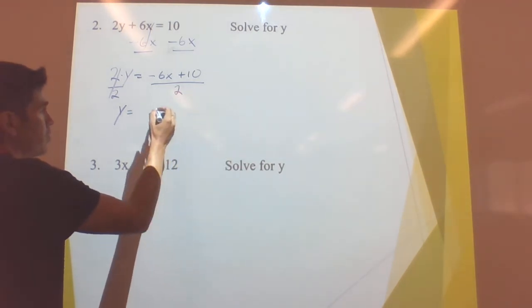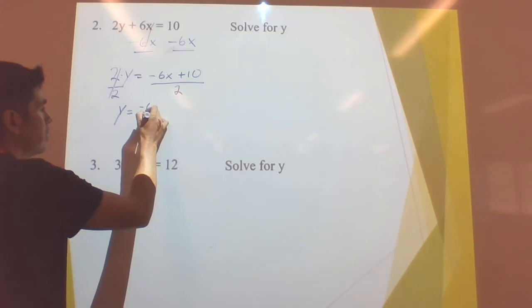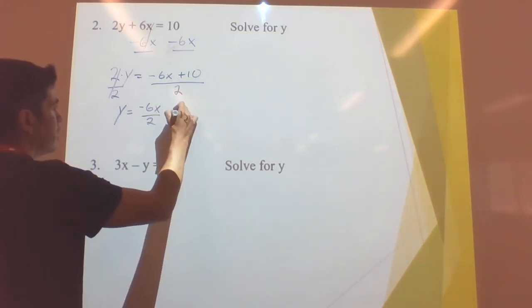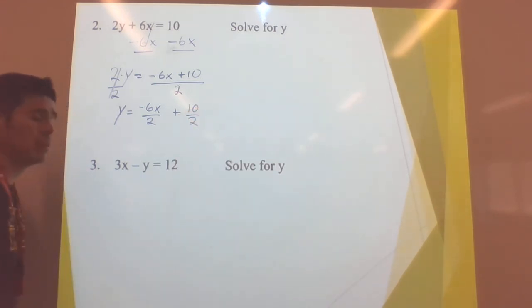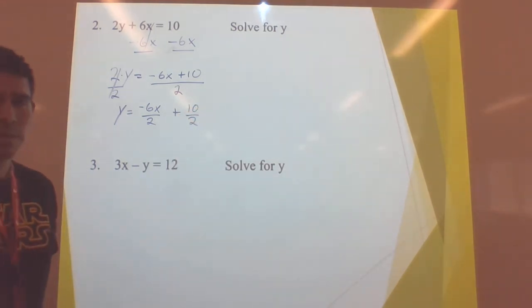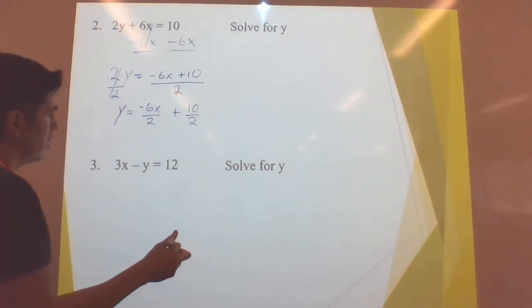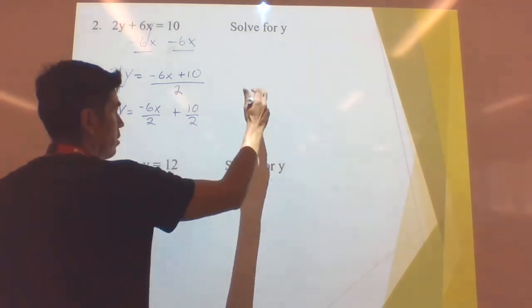This turns into negative 6x divided by 2 plus 10 divided by 2. Fractions. Don't be afraid of fractions. All we're going to do is divide. What's negative 6 divided by 2? Since I ran out of space here, I'm going to write it over here.